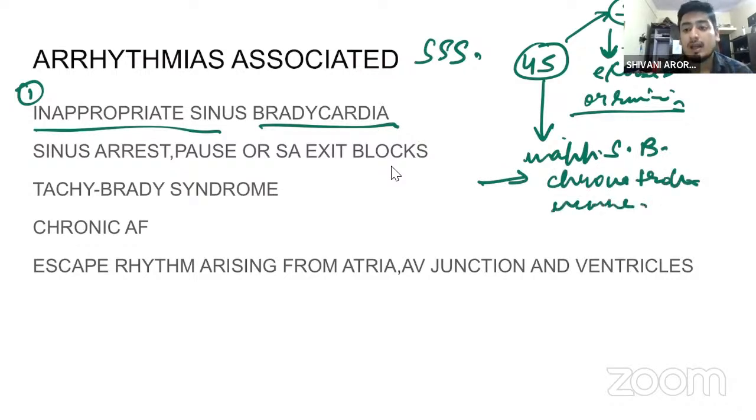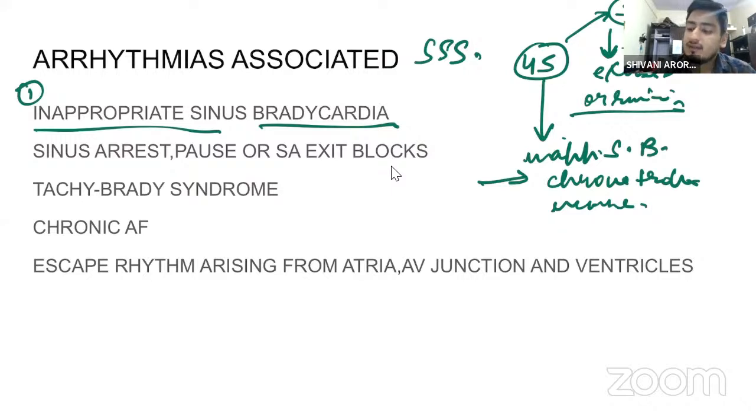That is, the SA node is firing at a lower rate in resting condition, and when the body's requirement increases, the heart rate doesn't increase appropriately. So it is one of the things that manifest in a patient of sick sinus.